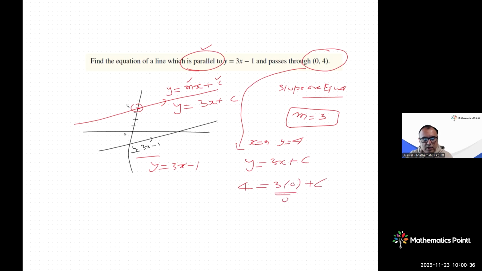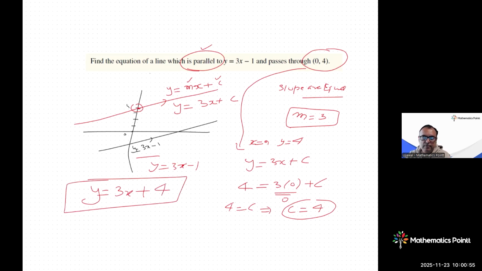That means 4 equals to c, which means c equals to 4. So finally, this line which is parallel is y equals to 3x plus 4. It was that simple, Karan. Yes. When I explain it, it is the simplest explanation in the world.